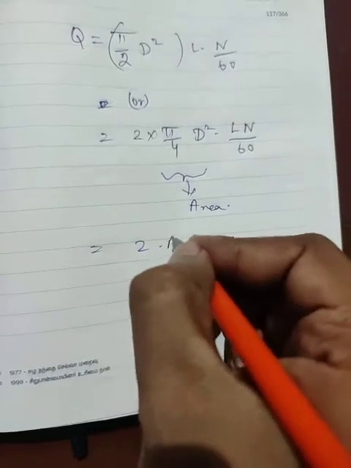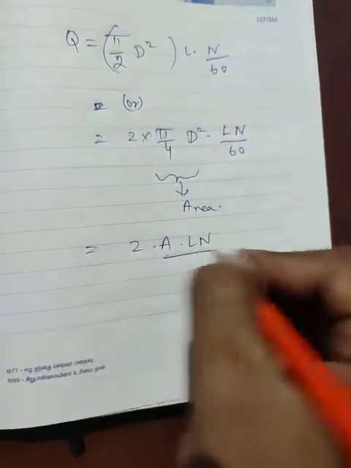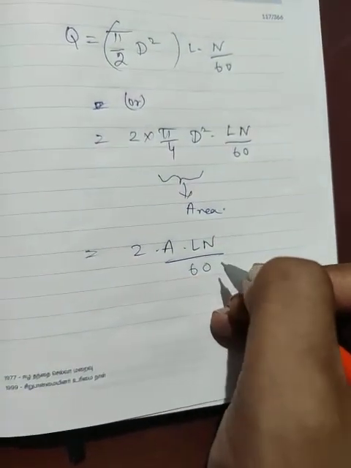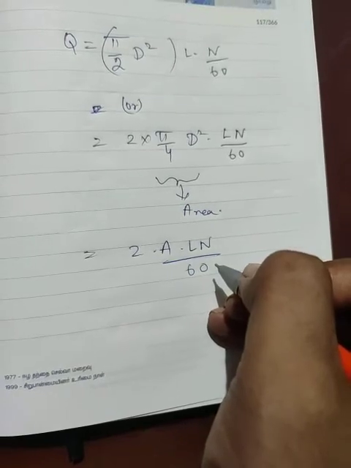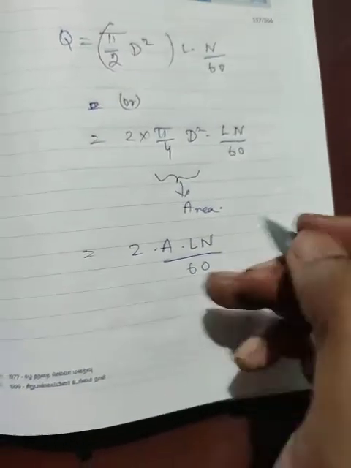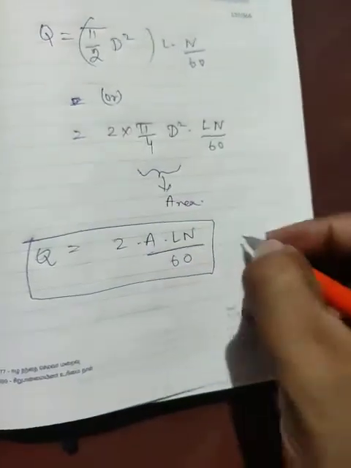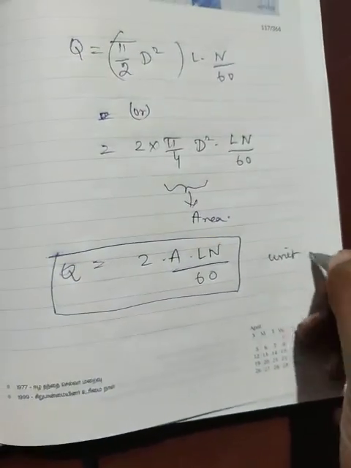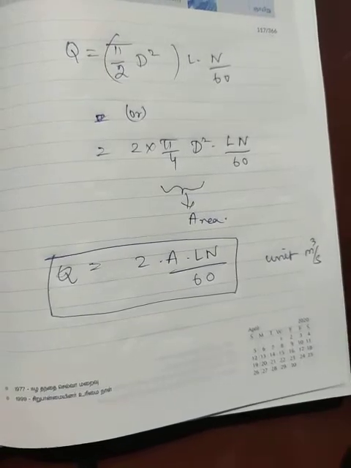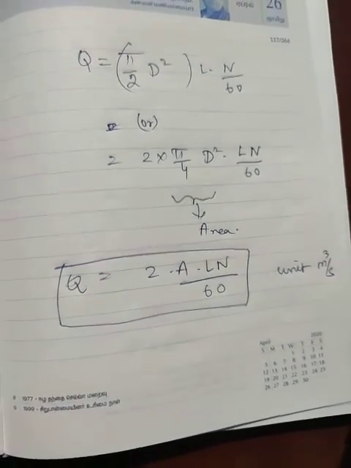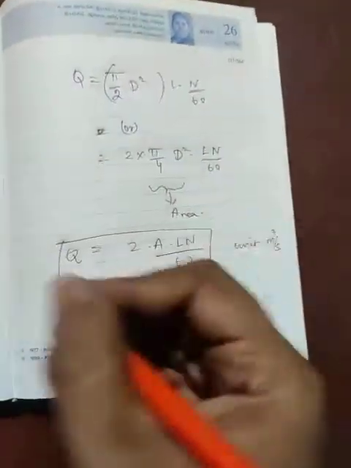So pi by 4 d square, we know, is nothing but the area of the left hand side. So generally we can term it as A. 2 into A L N divided by 60 is the volumetric flow rate of the double acting reciprocating pump. So this is the equation to find the volumetric flow rate, which is measured in meter cube per second.